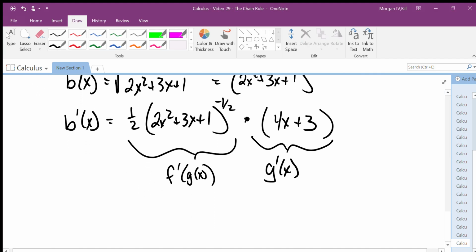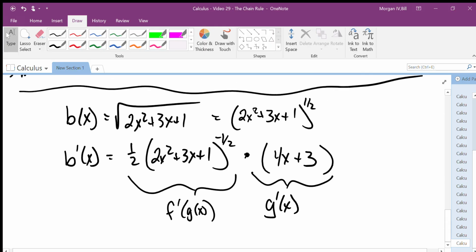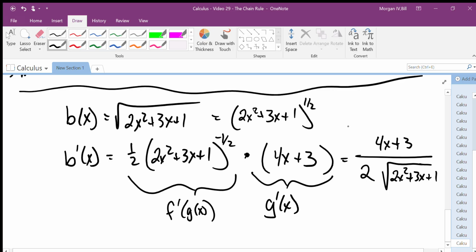And if you wanted to simplify this, since that's a negative 1/2 power there, I might call this 4x plus 3 divided by the 1/2 out front. We can just get a 2 down here, and then a 1/2 power, but it's negative, so we'll bring it down to the bottom: the square root of 2x squared plus 3x plus 1. Might look a little bit better, but also this was a fine answer too. One of those two.